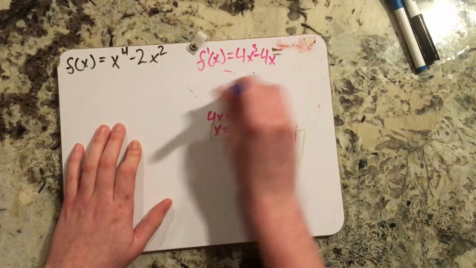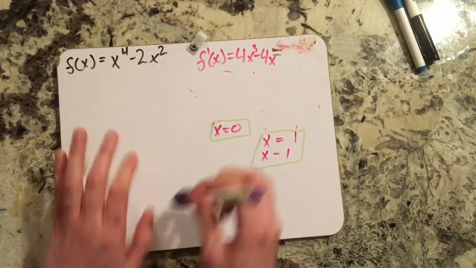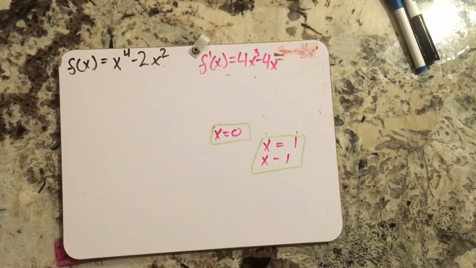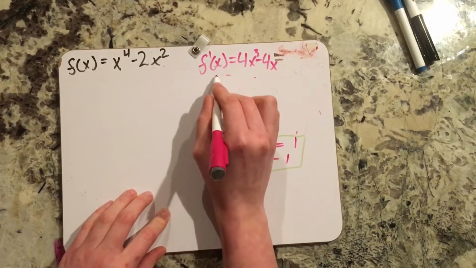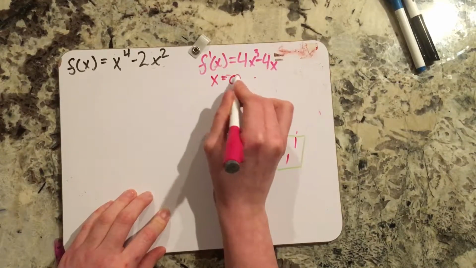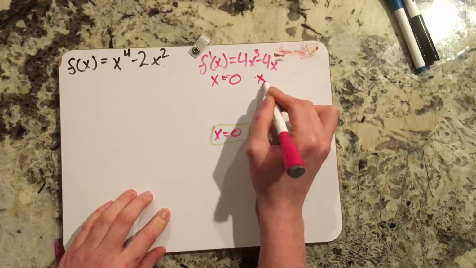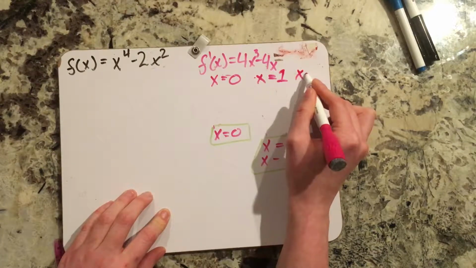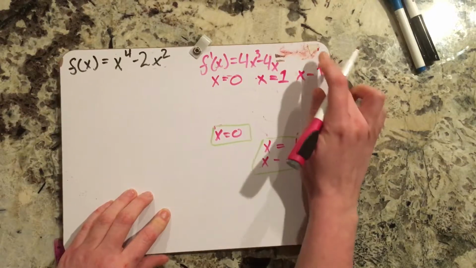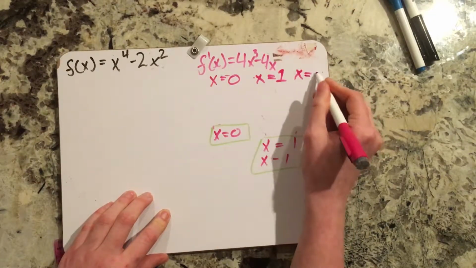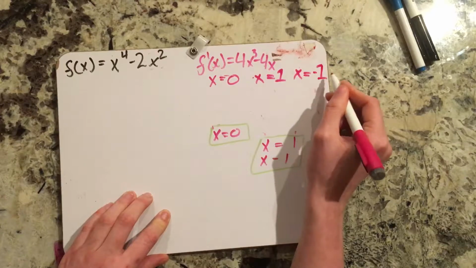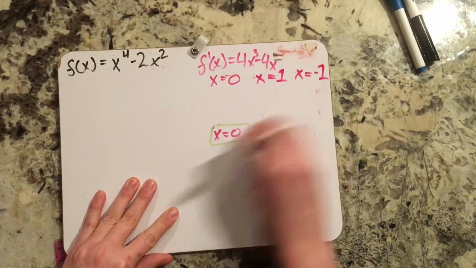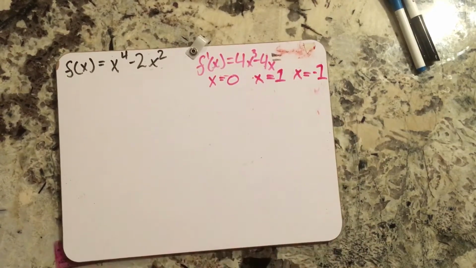So we have x is equal to 0, x is equal to 1, x is equal to negative 1. These are critical values right there.